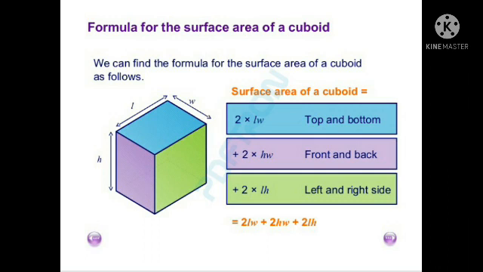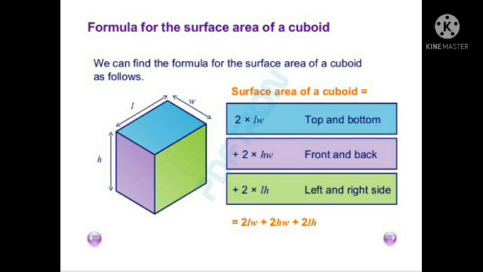And the dimensions of the violet rectangles will be height into width, right? And similarly the dimensions of the green rectangle will be length into height, right? You can visualize it from the picture given here. So we have got the dimensions of all the 3 pairs of rectangles.